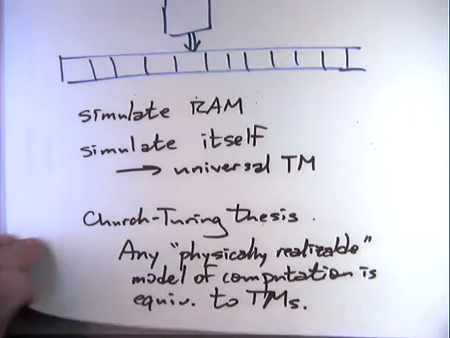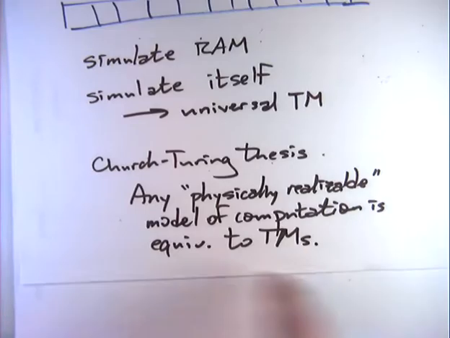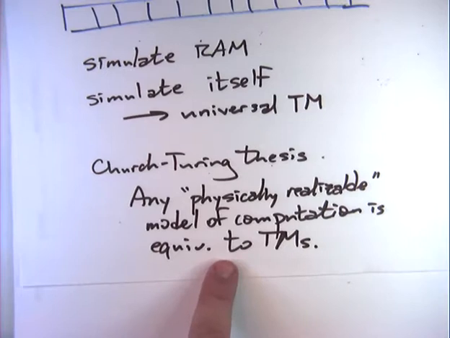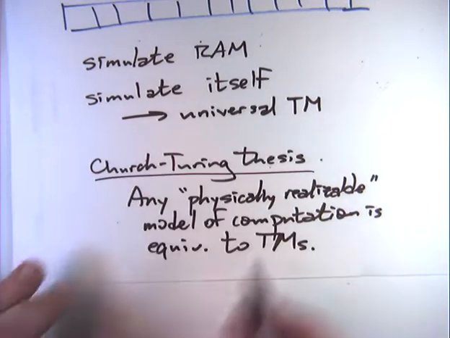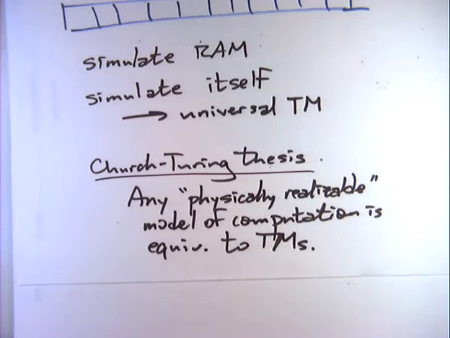So this Church-Turing thesis is functionally taken to be a physical law. It's not a mathematical theorem in any sense because there's no proper mathematical definition of what it means to be either a model of computation or to be physically realizable.